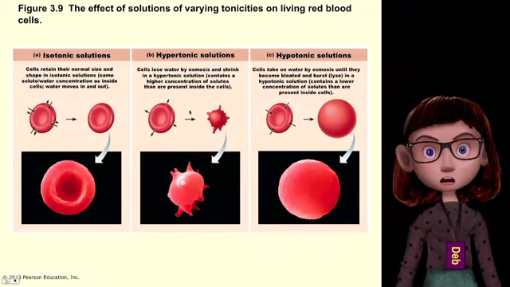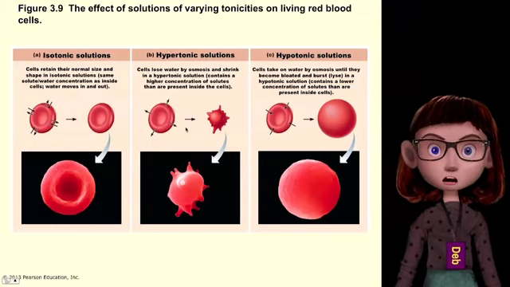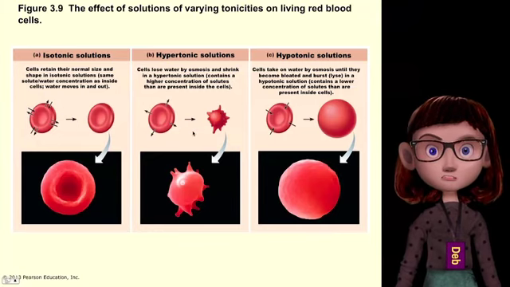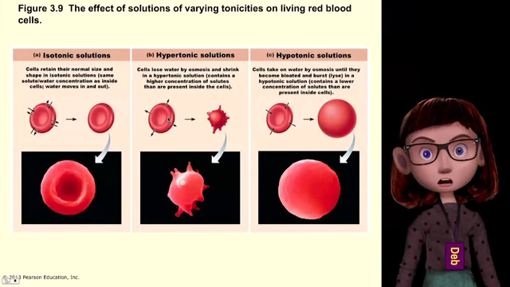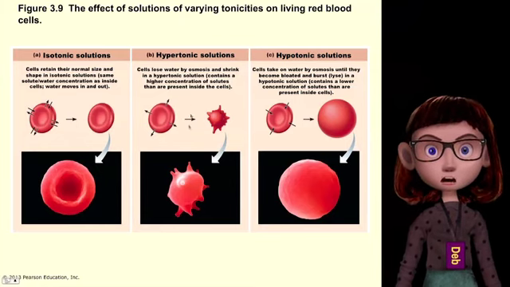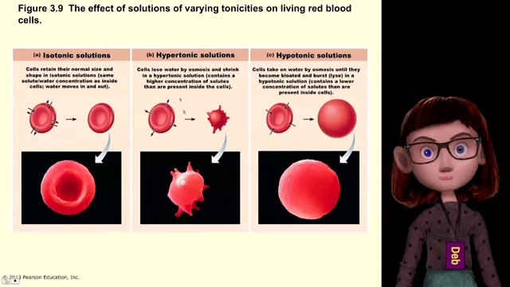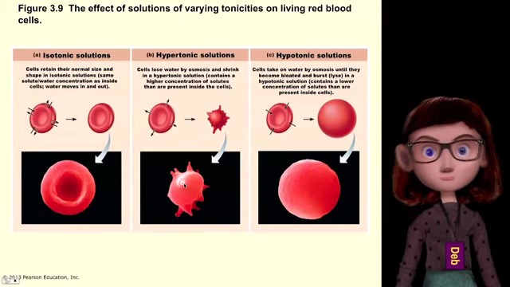This is a solution that has a greater tonicity, or in other words, a greater percentage of solutes in it. And so the cell will actually lose water. There will be a net flow of water from inside the cell out to the fluid that has a much greater number of solutes in it, and therefore the cell will shrink.